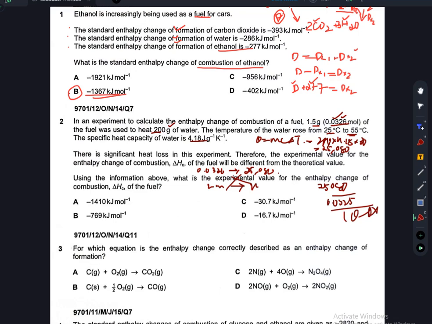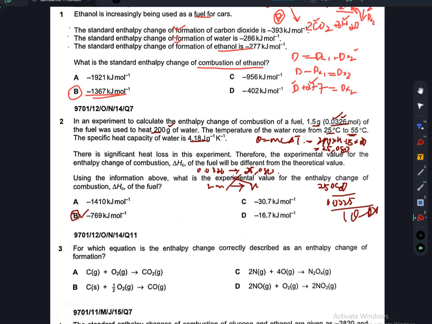So this would give your value as minus 769 kilojoule per mole. Why? Because in combustion there is always heat evolved. Always there is a heat loss; heat is evolved in combustion.